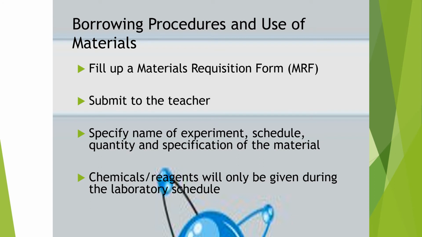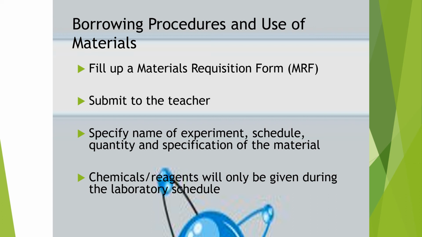Okay, for each laboratory system, each university and school, they have their own system of borrowing materials. Borrowing procedure and use of materials. There is what we call a material requisition form.